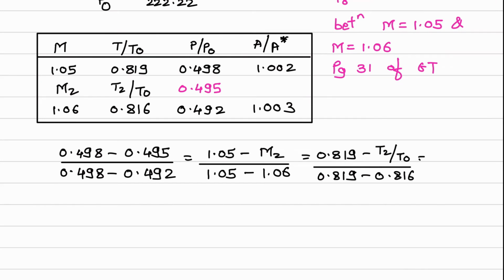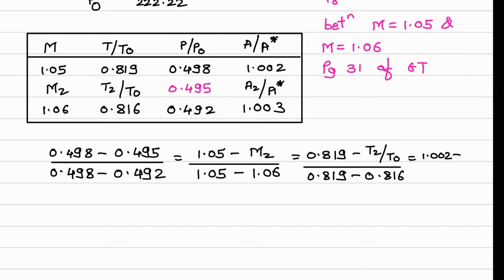Area ratio. So it is equal to, for 0.498, what is the area ratio? 1.002 minus, for 0.495, what is the area ratio? A2 by A star.